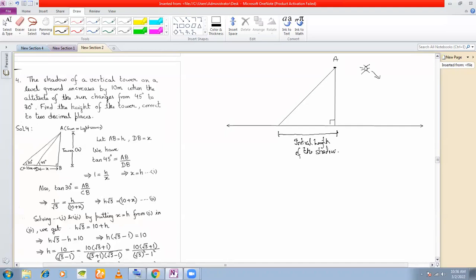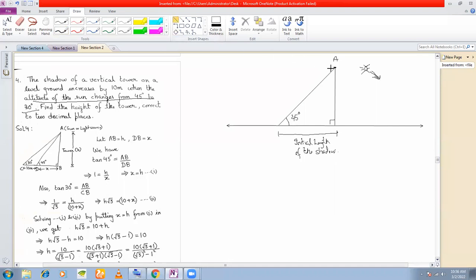So the altitude of the sun changes from 45 degrees to 30 degrees. Here the altitude of the sun in this case was 45 degrees, right?